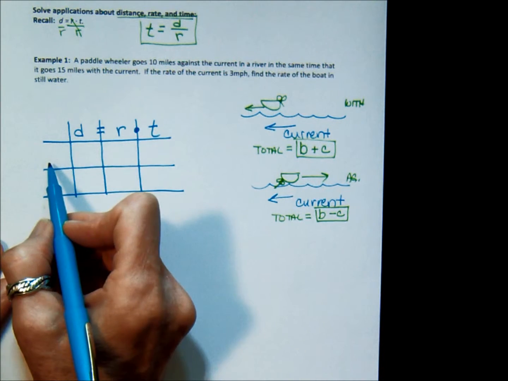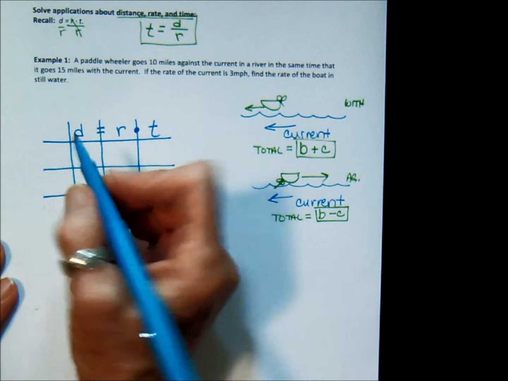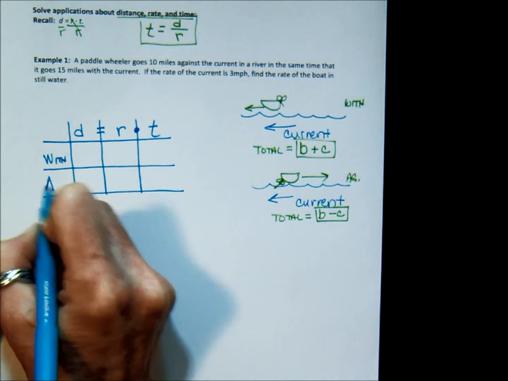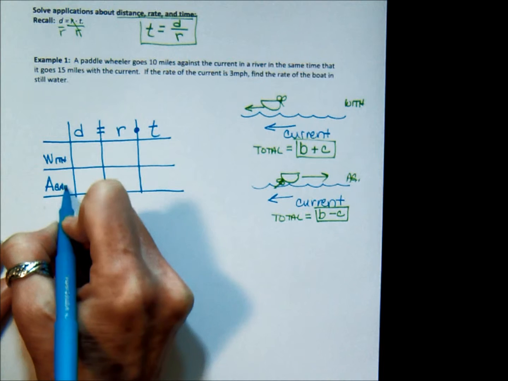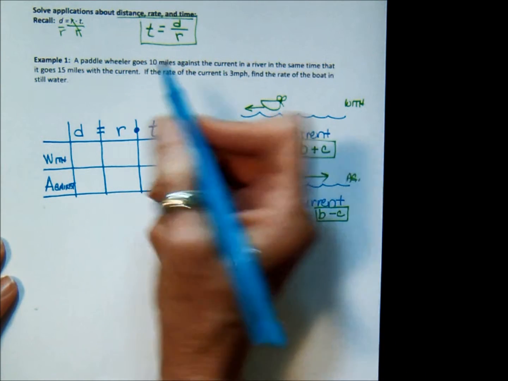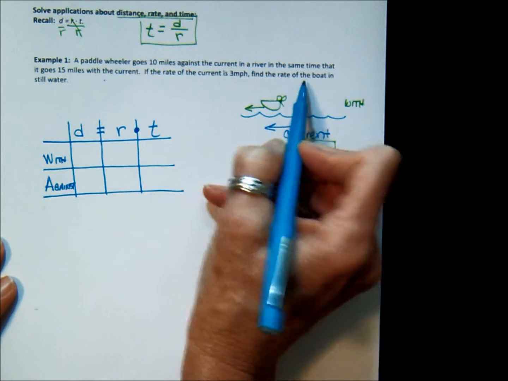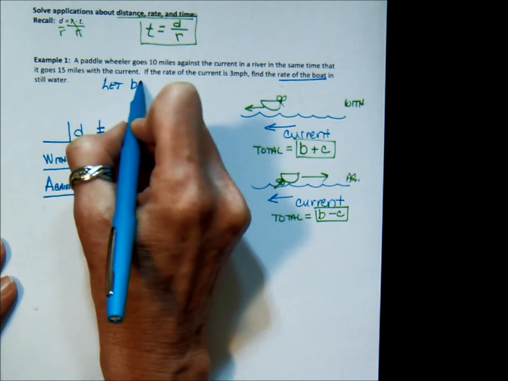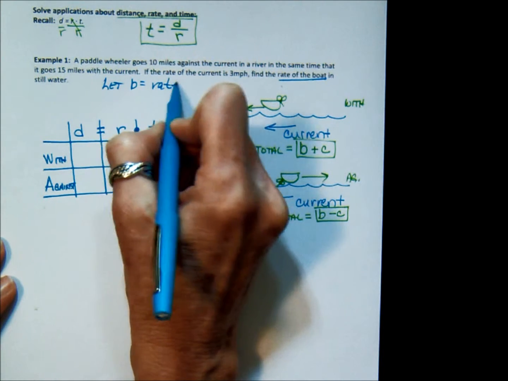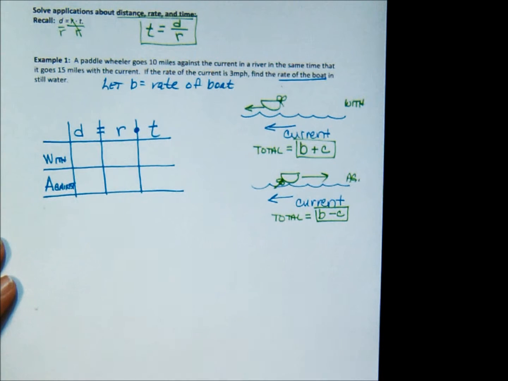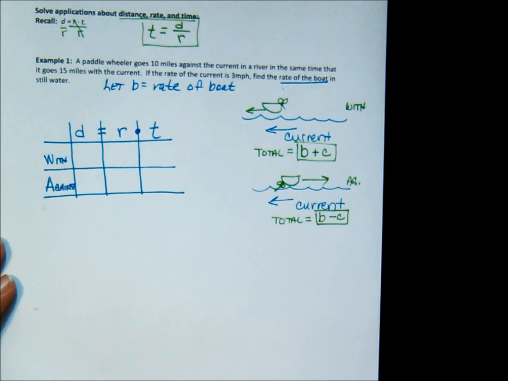And then we have two things going on. We have you traveling with the current, and then we have you traveling against the current. We are going to establish that what we don't know is the rate of the boat. So we're going to say, let B equal the rate of the boat. And when it says in still water, that means without the current, if there were no current.